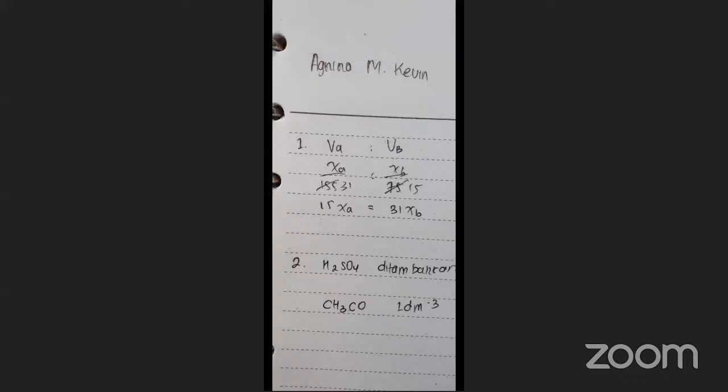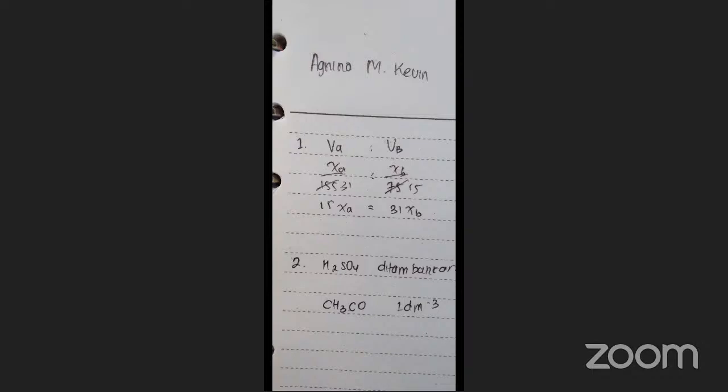Can you see my screen? Yeah. From here, I've closed the A and closed the B. Then I have concentration A for time. The concentration A is 155 seconds, and close the B from concentration B for time B that is 75 seconds.